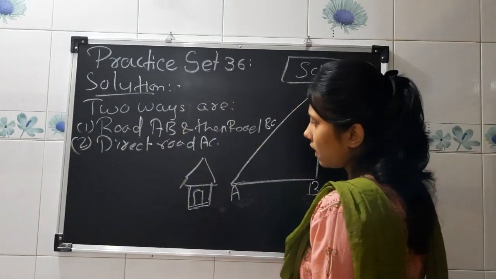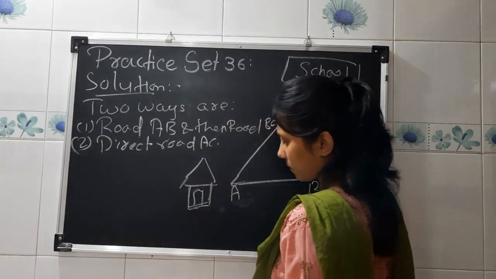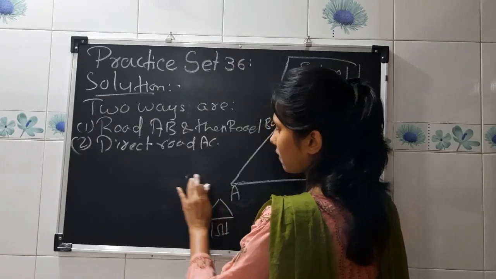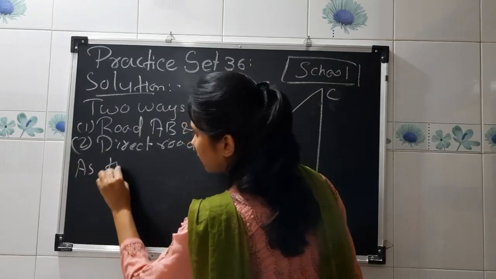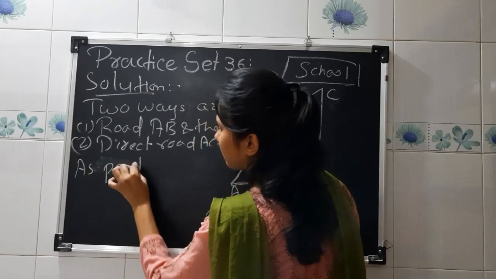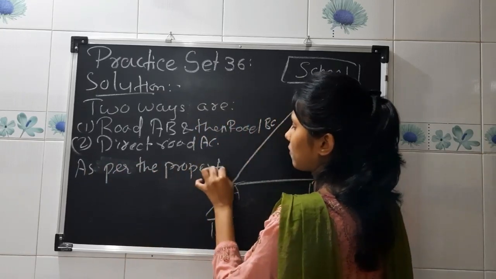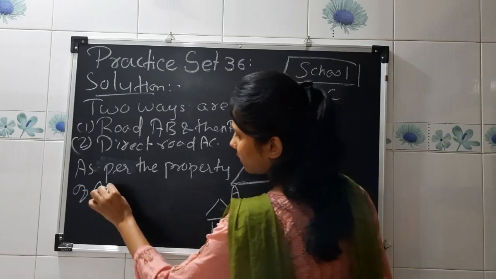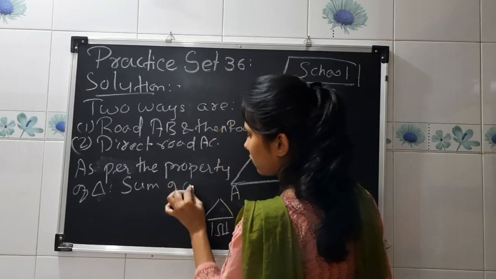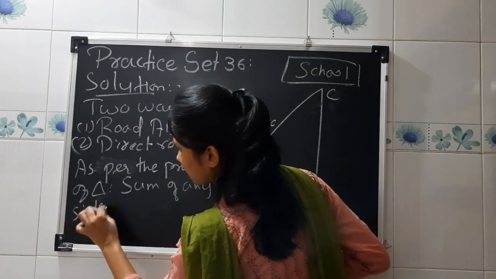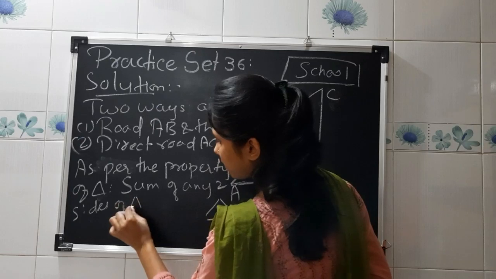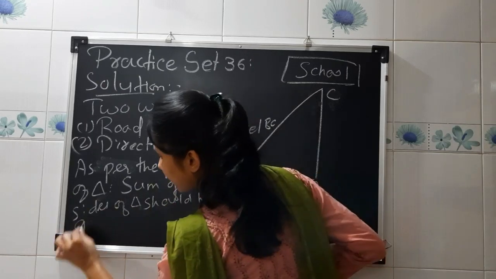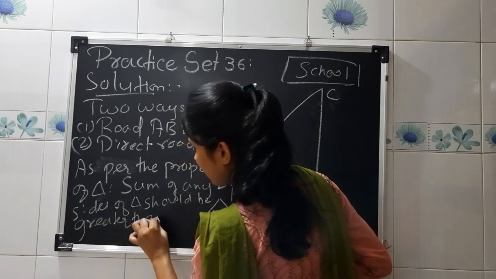Okay, understood? But as for the property of triangle, that sum of any two sides of triangle should be greater than third side.